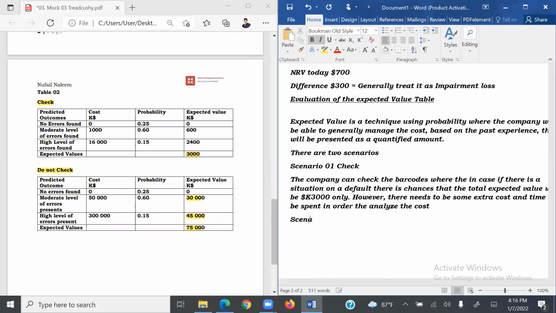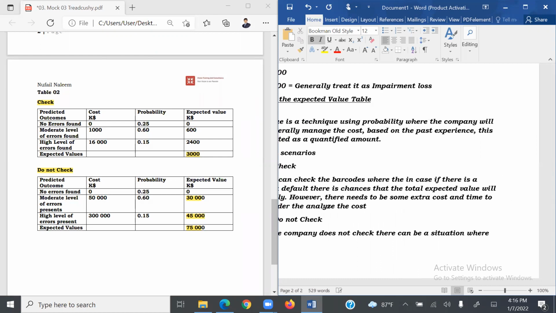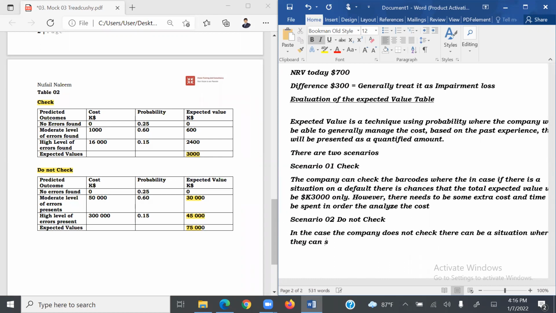So let's go to scenario 2 as well. Scenario 2 is do not check. In the case the company does not check, there can be a situation where they can save the checking cost.